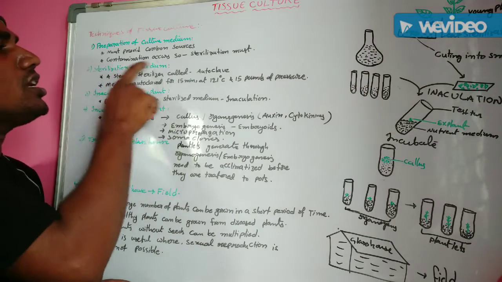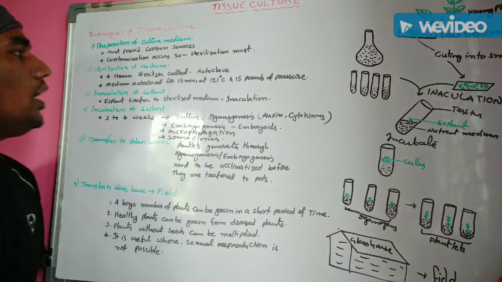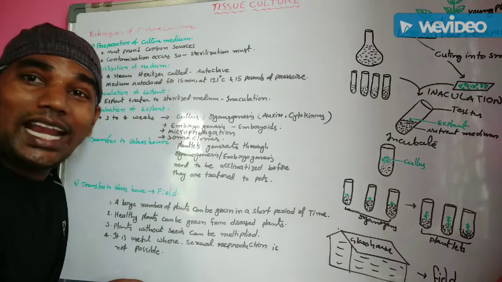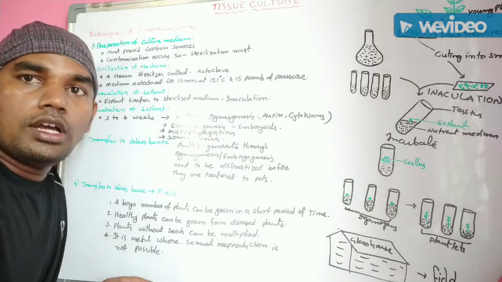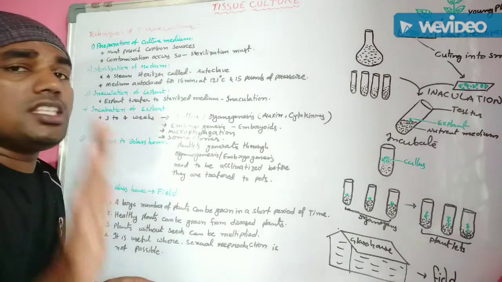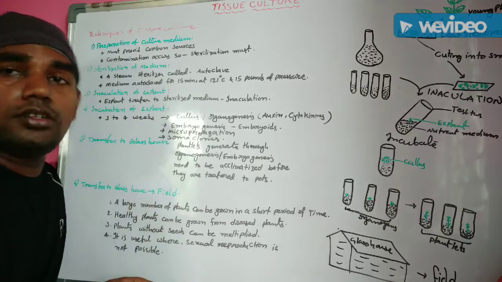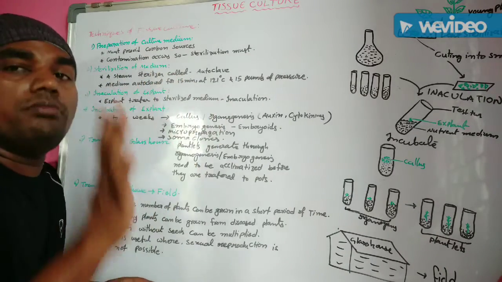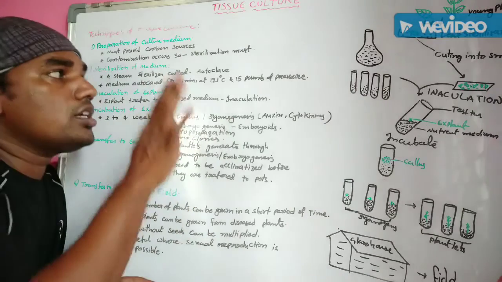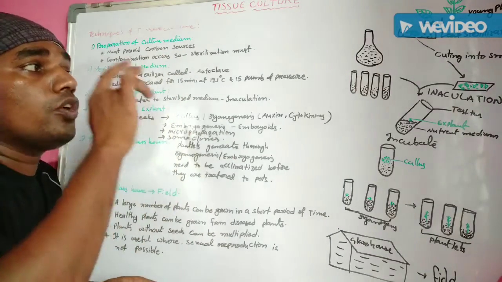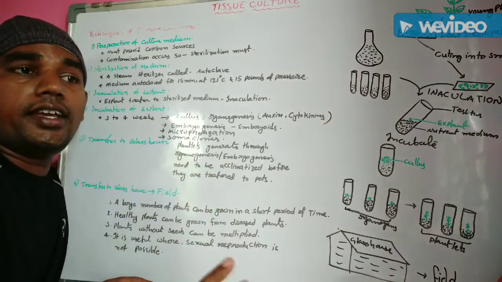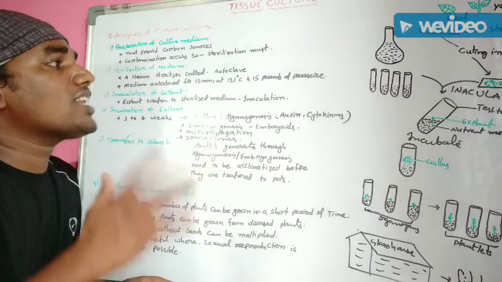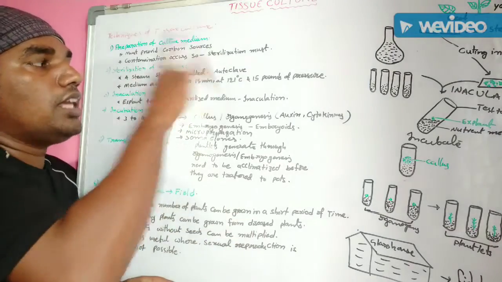The second step is sterilization of the nutrient medium, using an autoclave. The medium is autoclaved for 15 minutes at 121 degrees centigrade and 15 pound pressure.